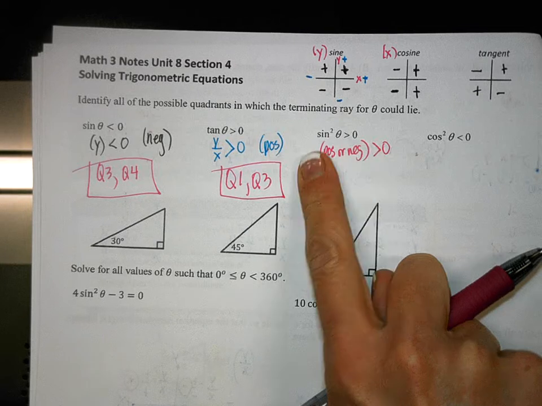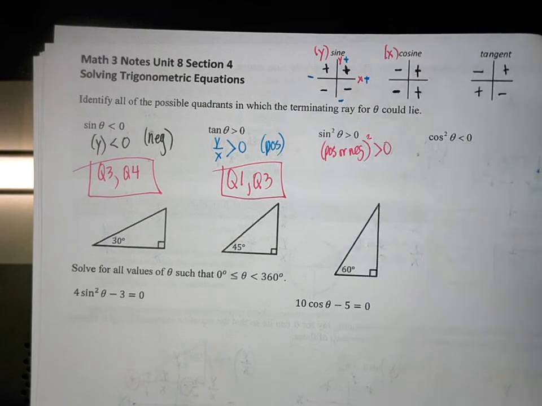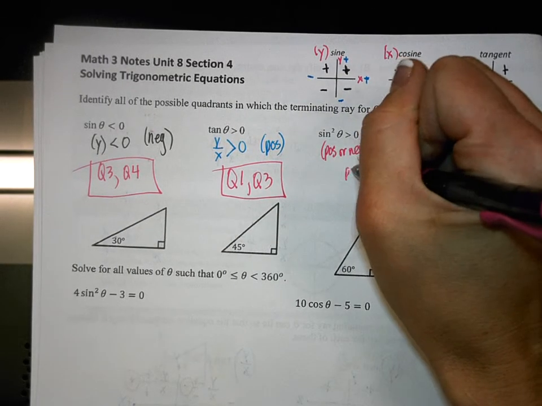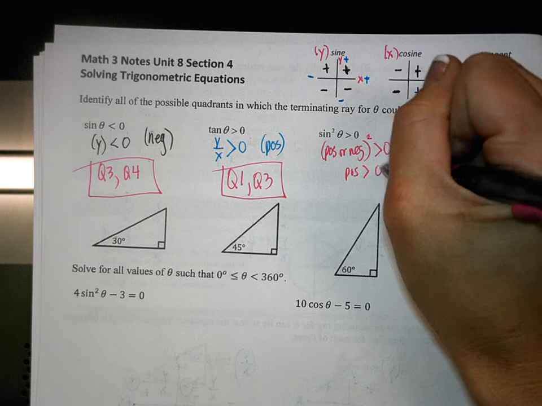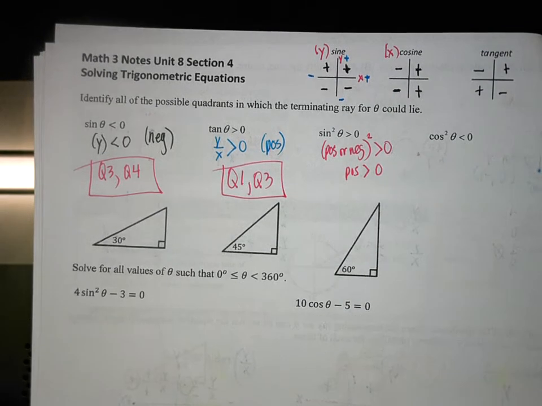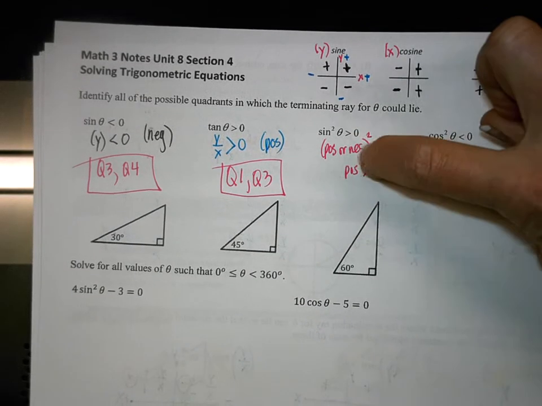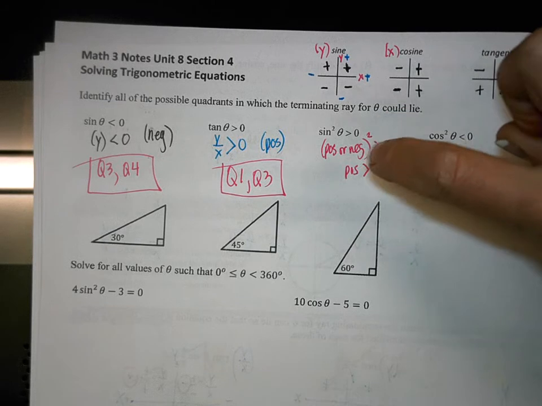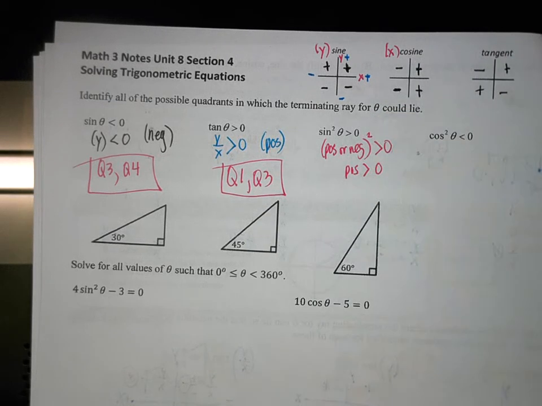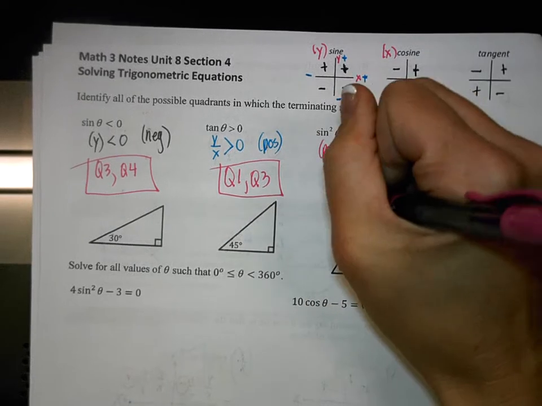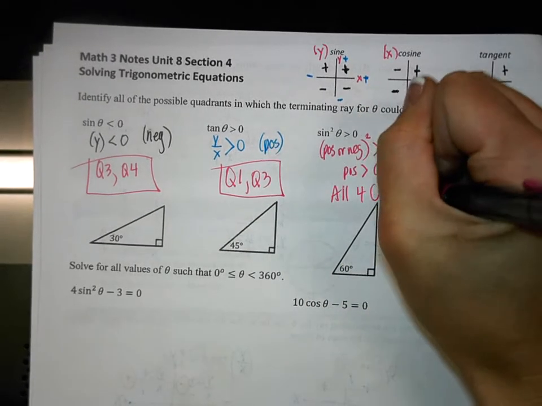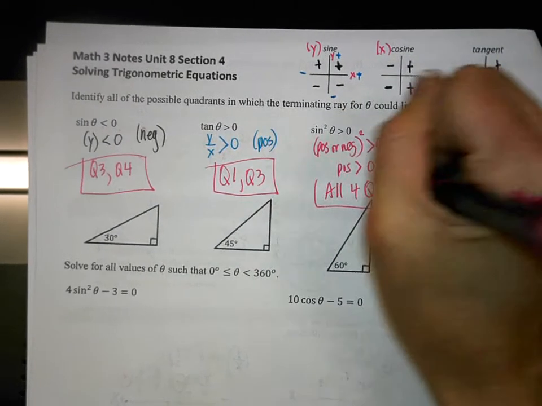Whenever you square a positive or negative number, it always ends up becoming a positive, okay? So therefore, all 4 quadrants would work. Because if you have a positive and you square it, you get a positive. If you have a negative and square it, you get a positive. So no matter what you use will work. So you can just put all 4 quadrants, or you could list them all out.